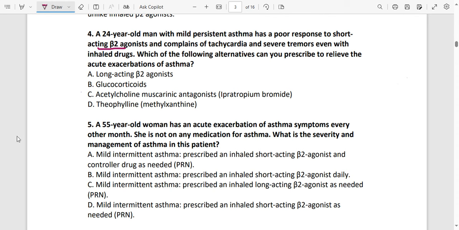Anyone to help with this one? Acetylcholine muscarinic antagonist? Or do you help, why do you think so? Yes, please. Okay.